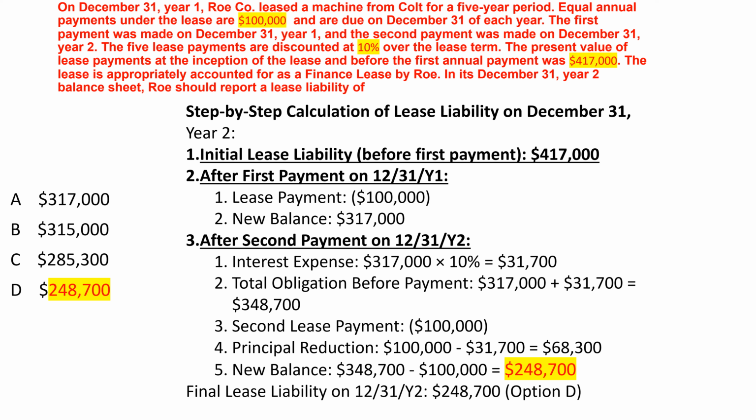After the second payment, year 2, $100,000 is paid, reducing the principal by $68,300, leaving a final balance of $248,700. Thus, the lease liability on December 31st, year 2, is $248,700. Option D. Next question.